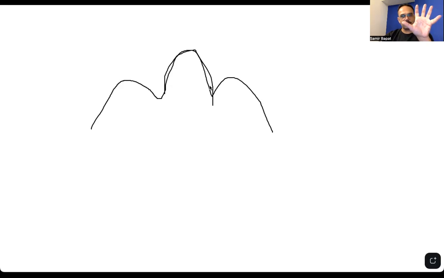This is how he will appear from behind, right? So this will be shoulder one, this will be the head, and this will be shoulder two.